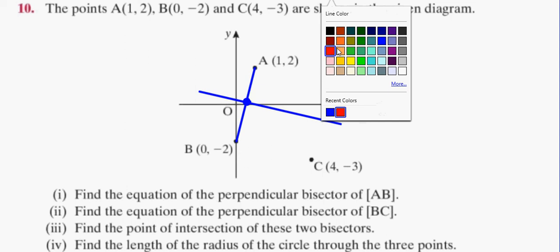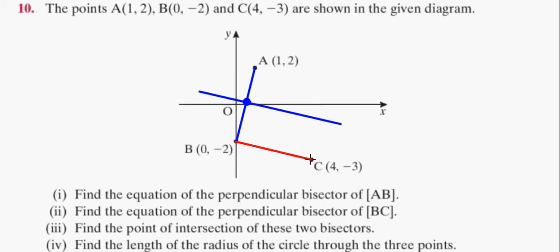You're going to use BC as a chord, get the midpoint of BC, and then get a perpendicular bisector to BC. Roughly like that. And if we do it correctly, we should be able to find the centre of the circle where the blue line hits the red line. And we're hoping that we'll be able to get the centre of the circle.